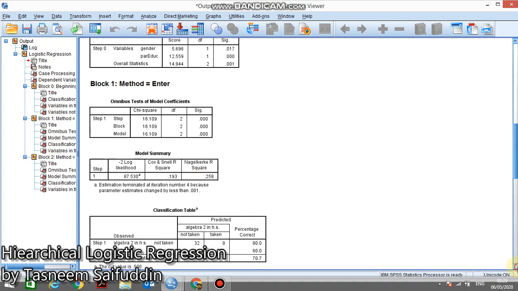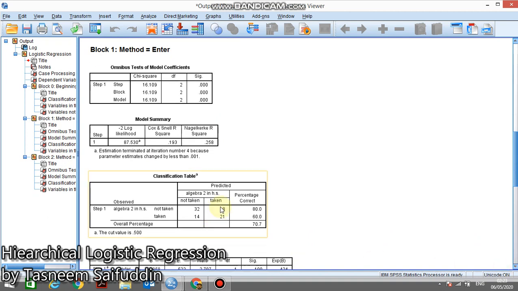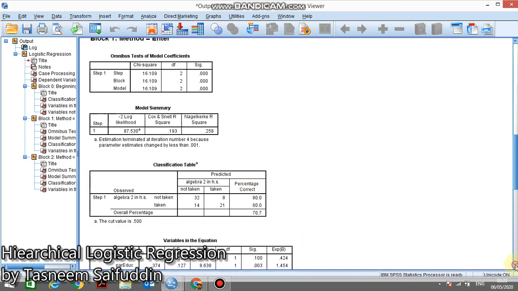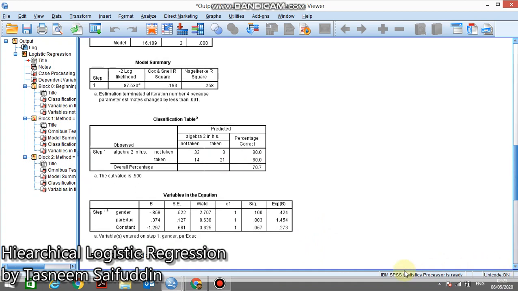Coming towards the next table, that is the classification table. In this classification table, it is showing the correct percentage of 71%. And what does this tell us? This tells us that we can predict who won't take algebra 2 better than we predict who will, right? So it is predicting by having the significant values.